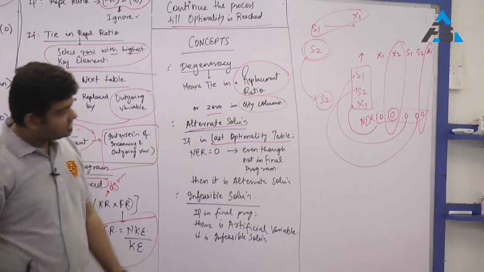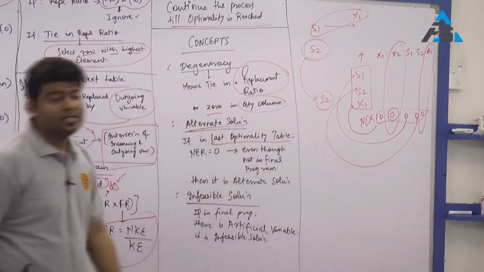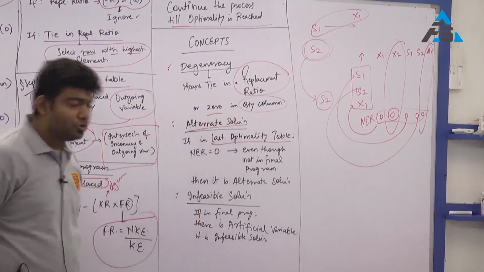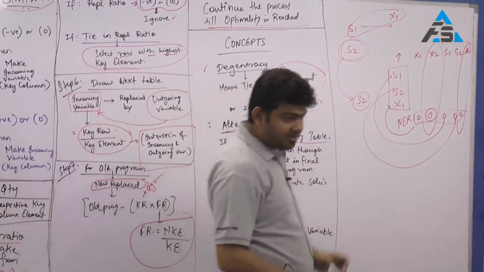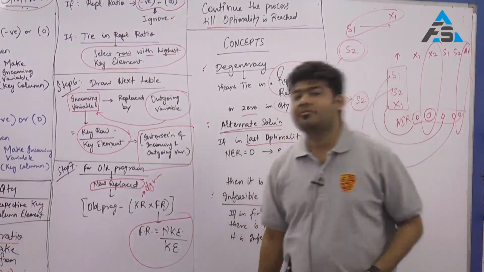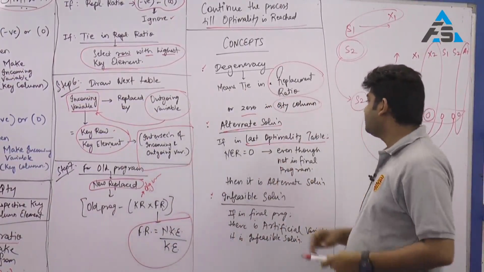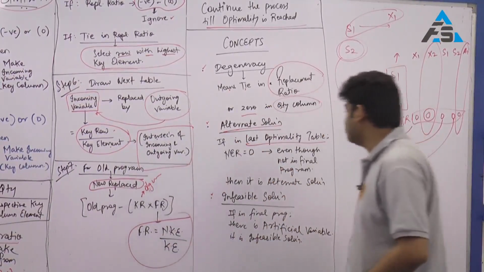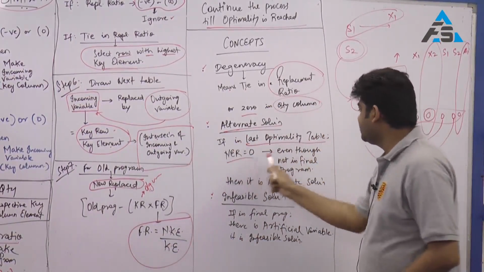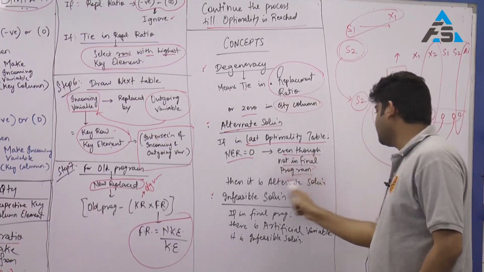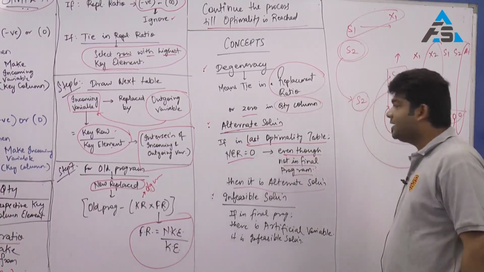So having NER 0 will mean that yes, you can use those numbers also for your alternate solution. So again, we will make an incoming variable, outgoing variable, we will form a new matrix and get the final alternate solution. So if in the last optimality table NER is equal to 0, even though not in the final program, then it is an alternate solution.